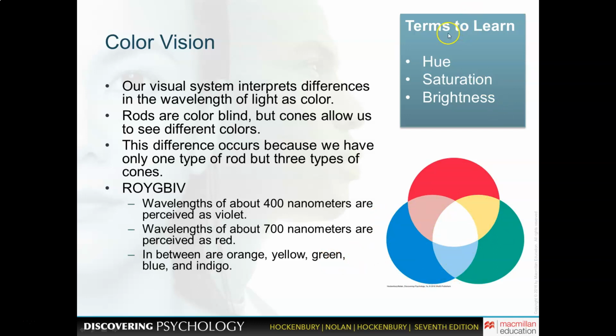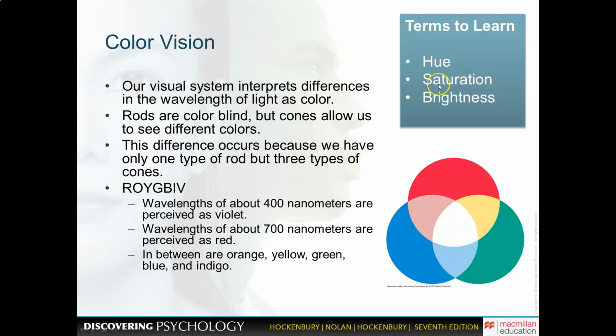Now here are 3 important terms to be aware of: hue, saturation, and brightness. Hue just refers to the certain type of color. So this right here, the hue is blue, roughly. Saturation means how deep the blue is. This is a real deep blue, but did you notice right in here, this is a lighter blue? That refers to differences in saturation.